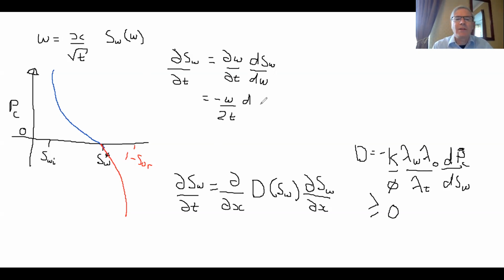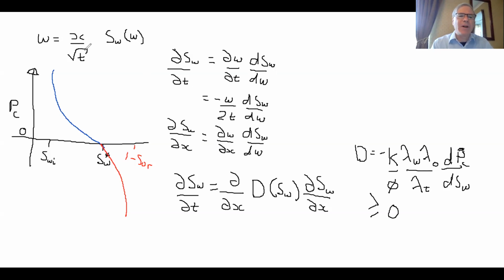times dS by dw. And then we'll do the same with the x derivative, and this is easier. dw by dx is just 1 over root t. So that's straightforward.